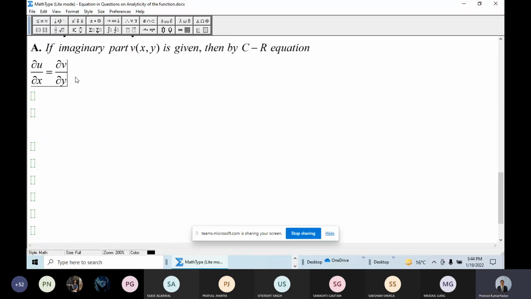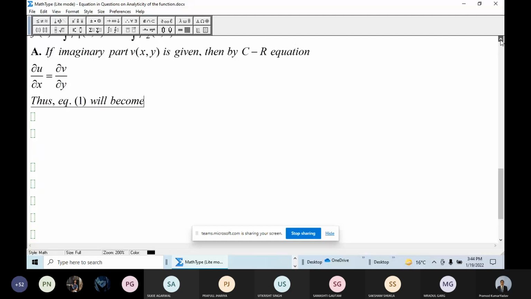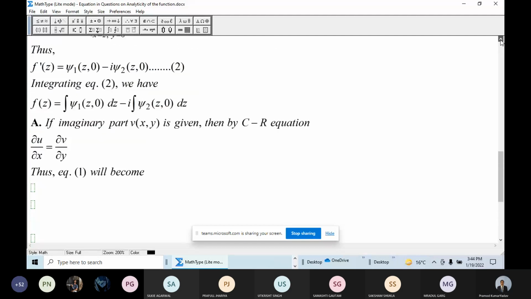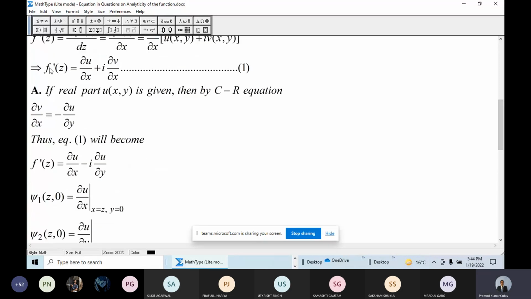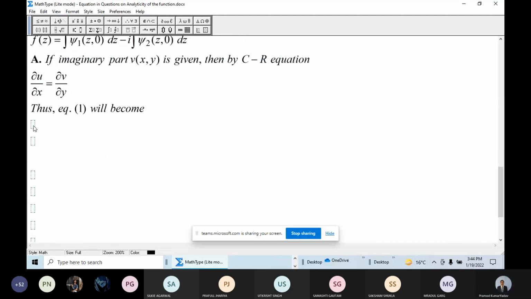Thus by equation 1, del u by del x is del v by del y.